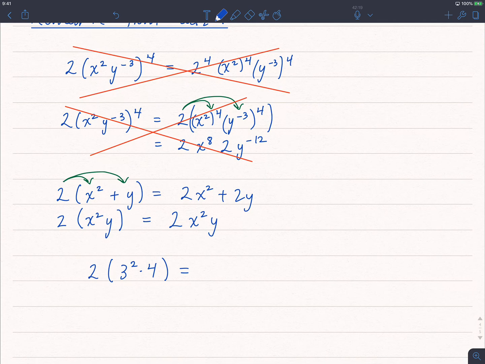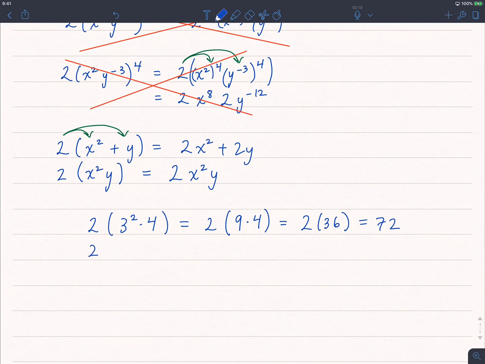This looks very similar to the 2 times x squared times y, where x is 3 and y is 4. If we were to distribute, we would get the wrong answer. So let's compute this the right way first. This is going to be 2 times 9 times 4, which is 2 times 36, which is 72. So this is the right answer.